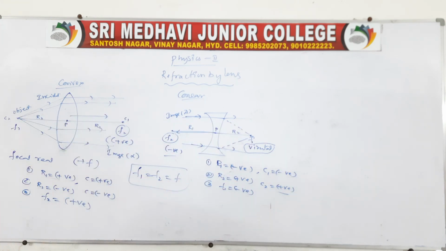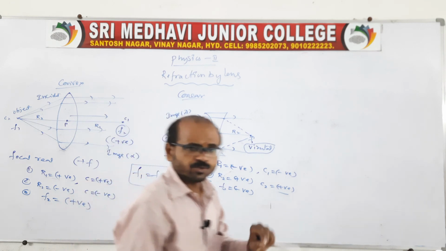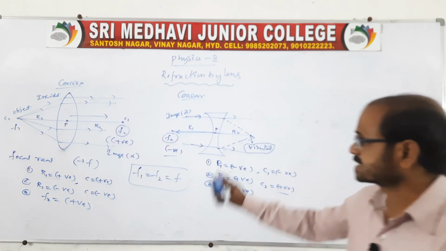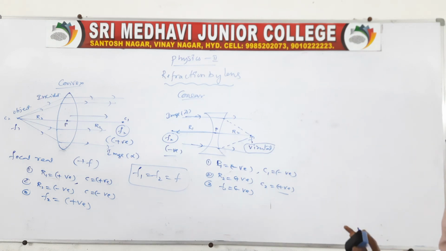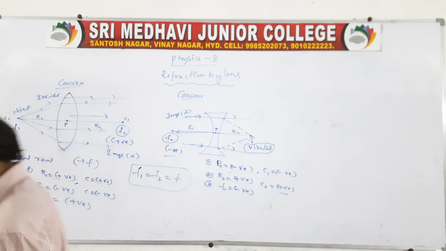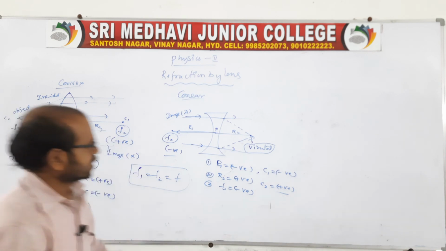So this is the clear information related to concave and convex lenses. If you know this sign convention, you can do better in lenses. It is about lenses theory and the lens concept. There are two lenses: one lens is convex, and the other is concave. Clear? This is about the sign convention as well as the focal points.